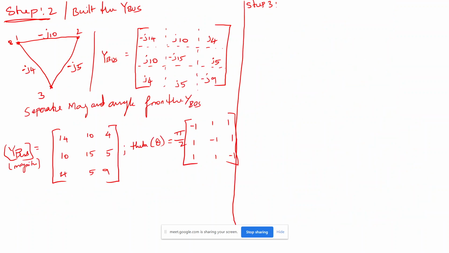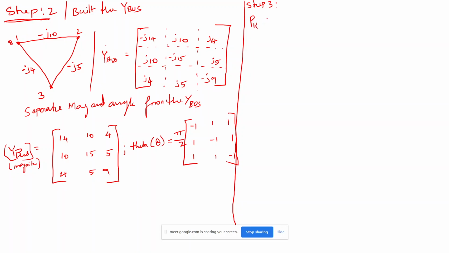So before giving the corresponding equation, let's write what the equations are.